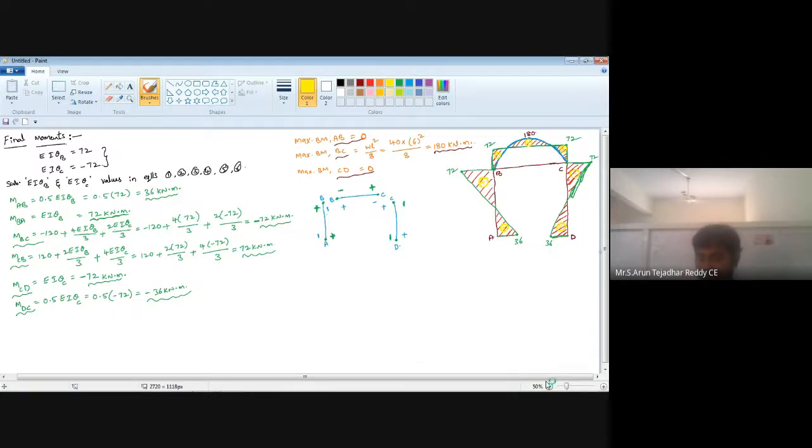All of you take a screenshot. Again, if you are having any doubt in any point in the slope deflection method, you can ask me. If you want to ask me immediately, you can ask me. Or else if you want to send a message, you can send me message personally. I'll explain you, no problem.